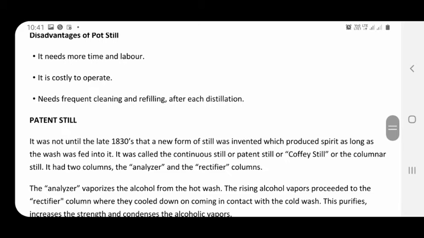It was not until the late 1830s that a new form of still was invented, which produced spirit as long as the wash was fed into it. It was called the continuous still, patent still, or the Coffey still. You should remember this. These are the key terms: patent still, also known as continuous still, and Coffey still.